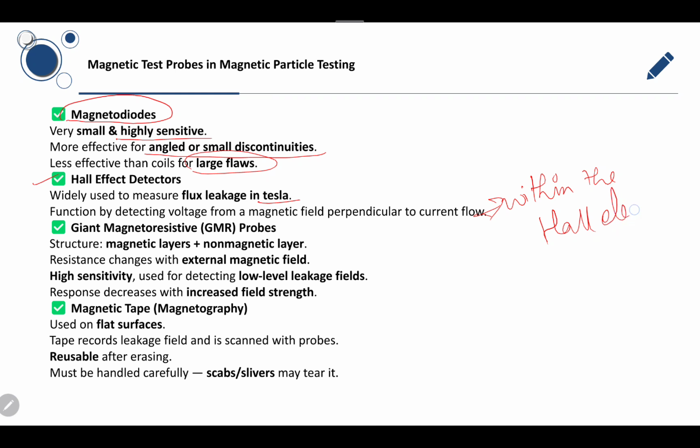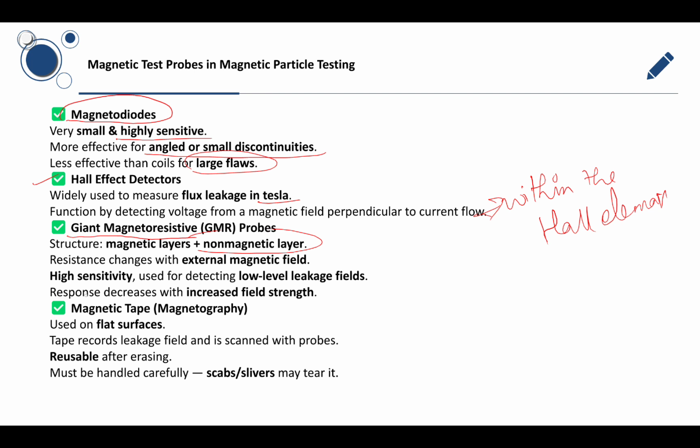Next one is giant magnetoresistive probes. These have a unique structure consisting of magnetic layers separated by a non-magnetic layer. Their electrical resistance changes significantly with an external magnetic field.